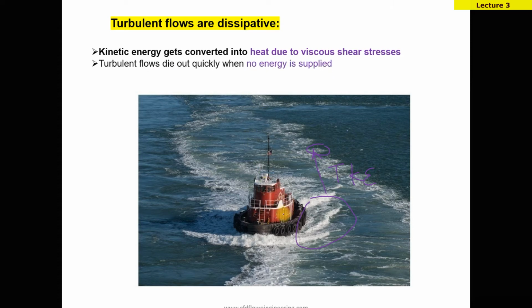And how is turbulent kinetic energy produced? Due to the gradient in the mean velocity, energy is transferred from the mean flow.